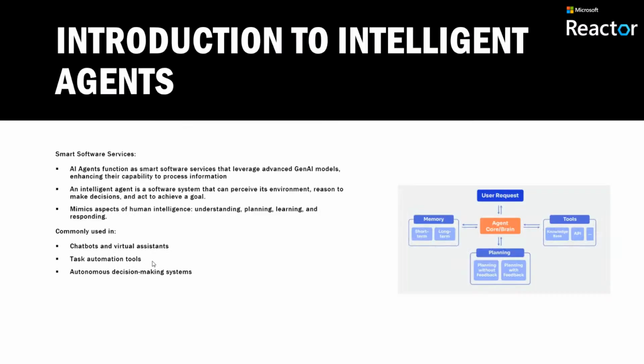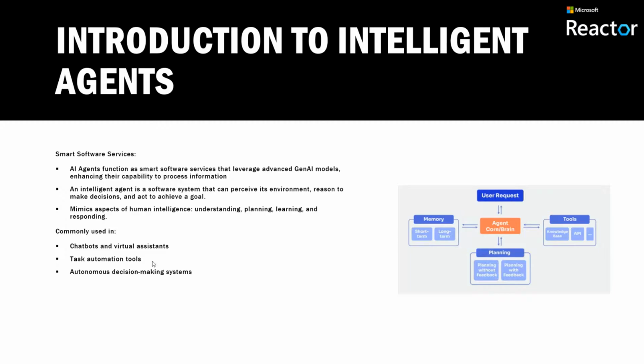To get started, intelligent AI is something that is very high in technology right now. What does intelligent AI mean? An intelligent agent is a program that can perceive its environment, reason based on goals, and act accordingly.